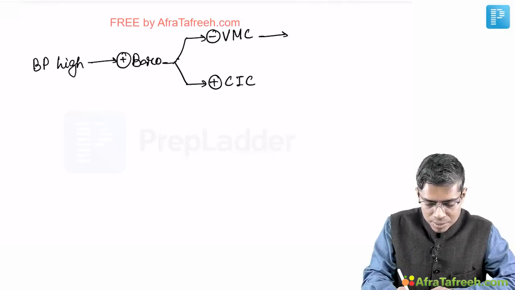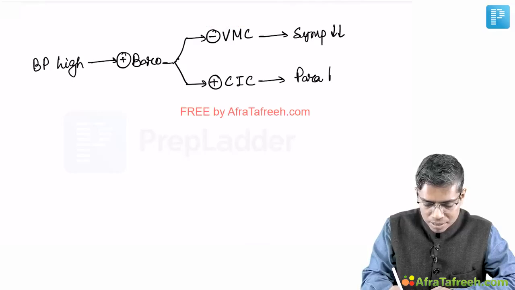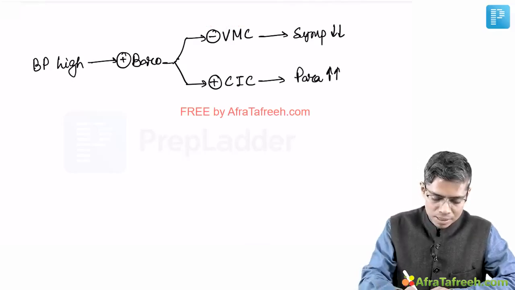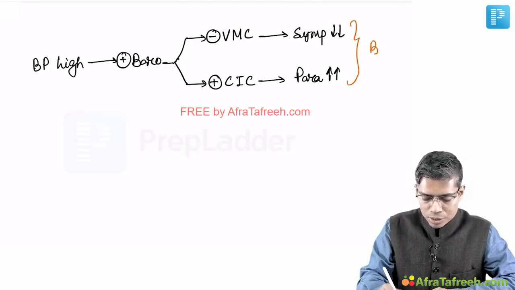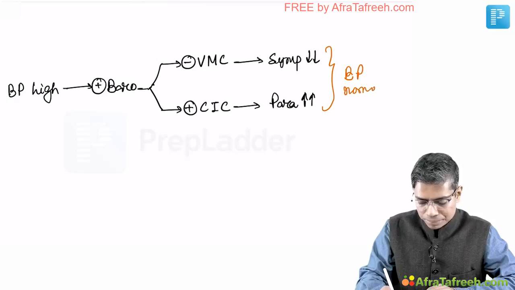Vasomotor center inhibited means my sympathetic system will go down, and CIC stimulated means my parasympathetic system will go up, and the combination of these two is again going to normalize the BP, right?